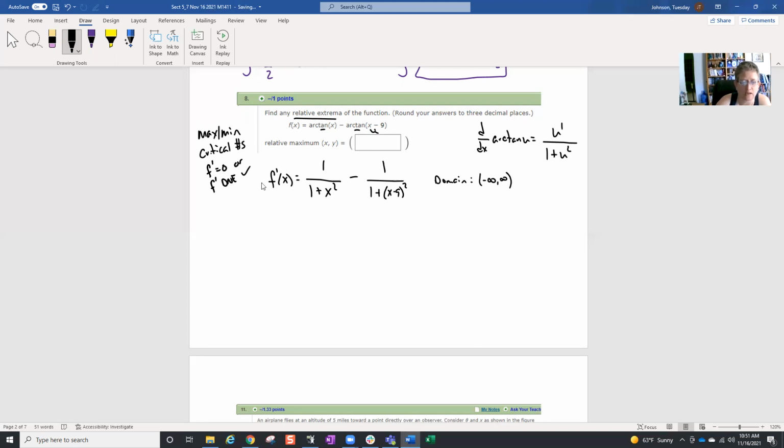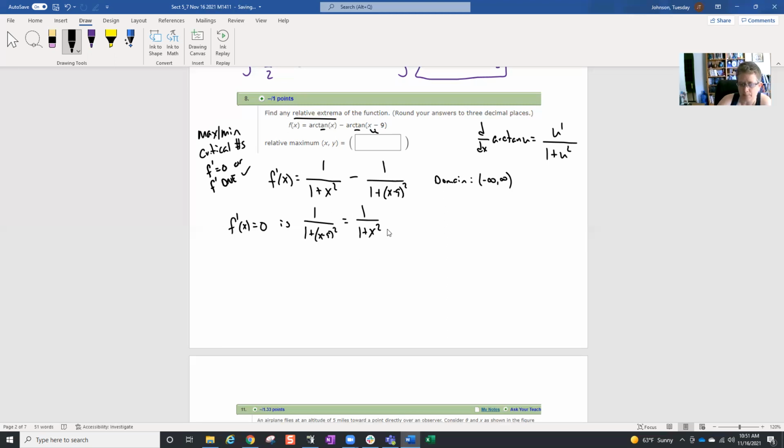So instead we set it equal to 0. If we set this equal to 0, that's the same as saying 1 over 1 plus x minus 9 all squared equals 1 over 1 plus x squared, right? Because I just add my fraction to the other side.